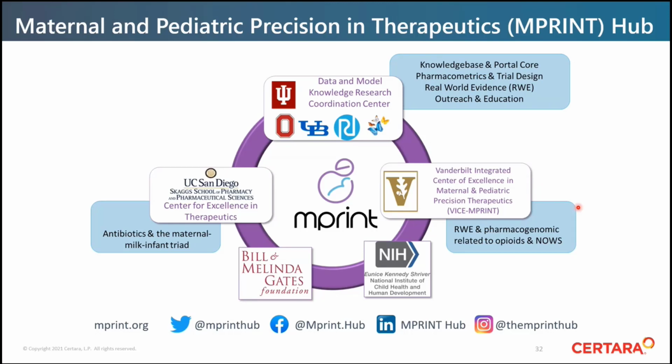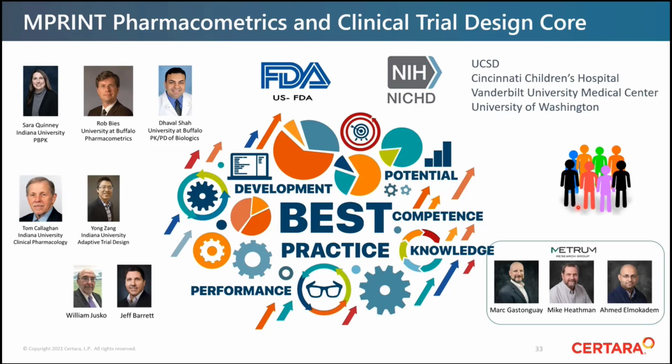One of the aspects of our center is a pharmacometrics and clinical trial design core led by Rob Bies from the University at Buffalo and myself. The goal of this core is to bring together expertise in pharmacometrics, clinical pharmacology, and clinical trial design in obstetric and pediatric populations from a variety of individuals.